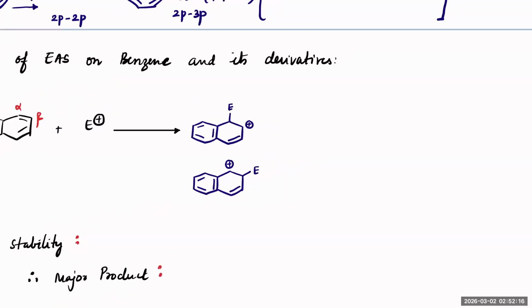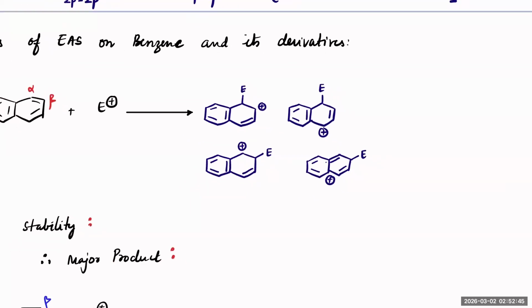Now notice in the first case, what resonating structures can I make? I can make one double bond here, the positive charge will come here, and the electrophile will go here. This is another resonating structure. In the second case, we can have it like this with the electrophile here, and the positive charge has to go to the other ring and the double bond should come here this way.